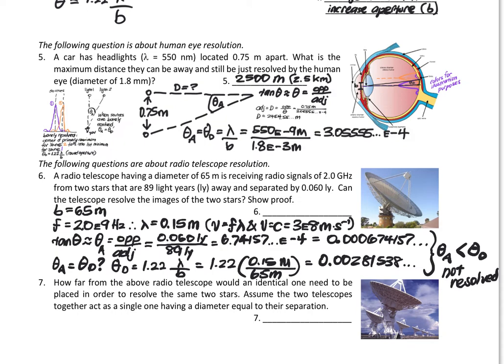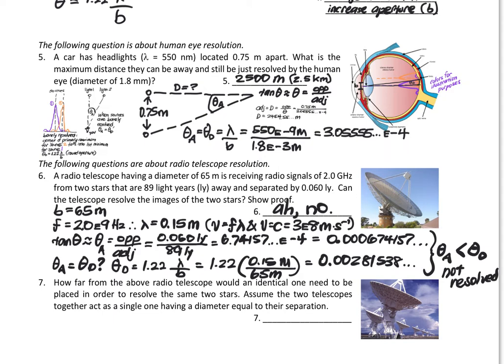When they measure the resolution of a telescope, they talk about binary stars, and it's like, which binary stars can you split into two? That becomes a resolution issue depending on the diffraction limit of that particular telescope. So, can the telescope resolve the images of the two stars? That's a negative. That would be a no.